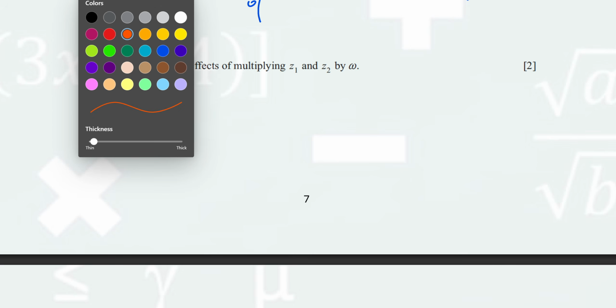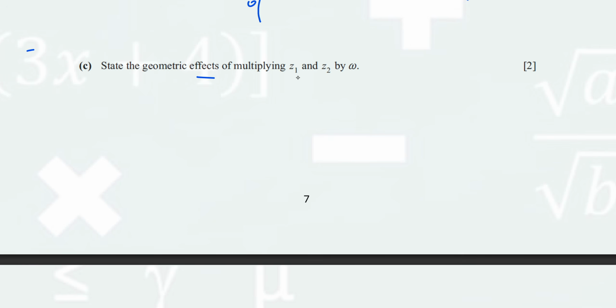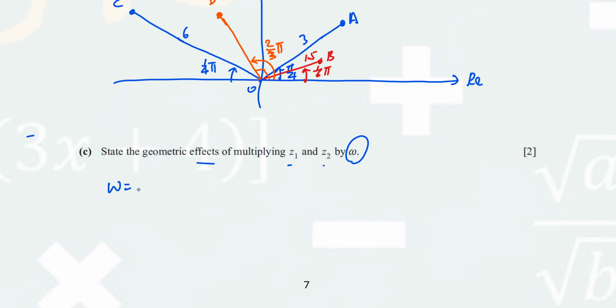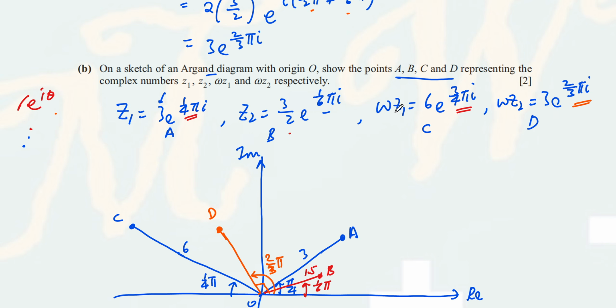Now state the geometric effects of multiplying Z1 and Z2 by W. Okay, let's look at W first. Your W is basically 2e^(half pi i). When you look at here, C is what you get after you multiply Z1 by W. So you see, 3 becomes 6.